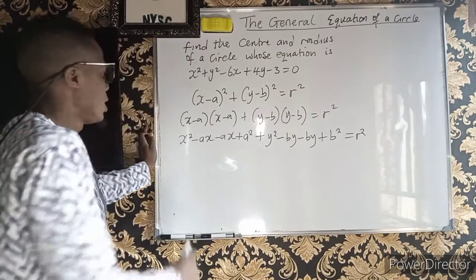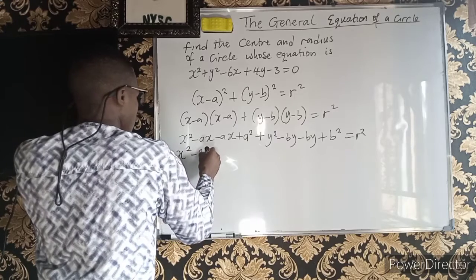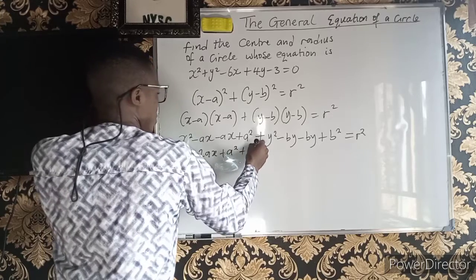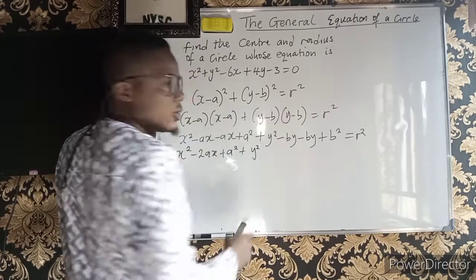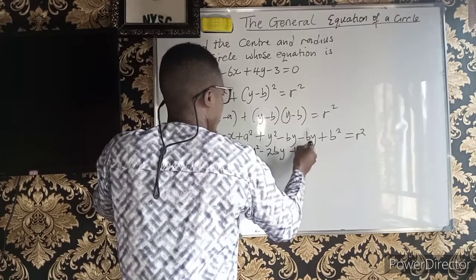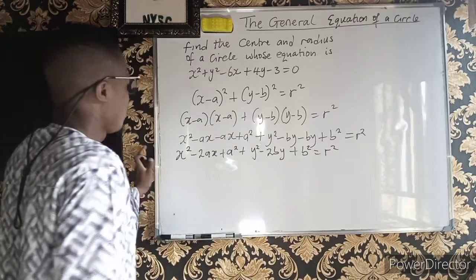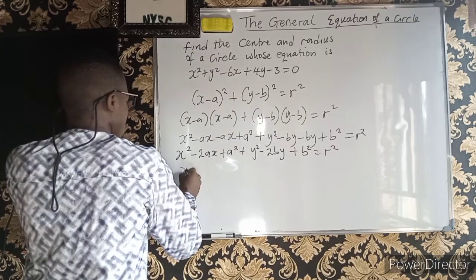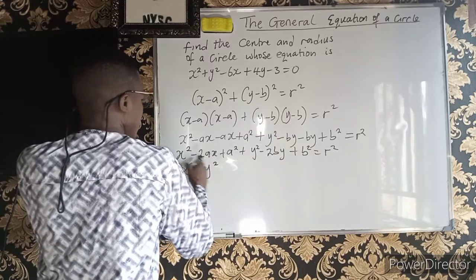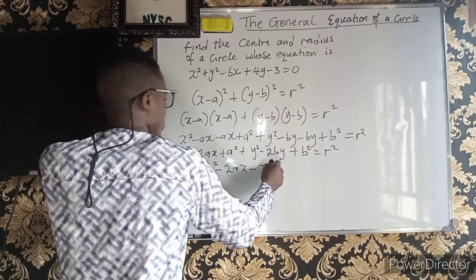Okay, and here −ax and −ax will give us x² − 2ax + a² + y² − 2by + b² = r². Now let us get the powers first together. So we have x² + y², then −2ax − 2by.